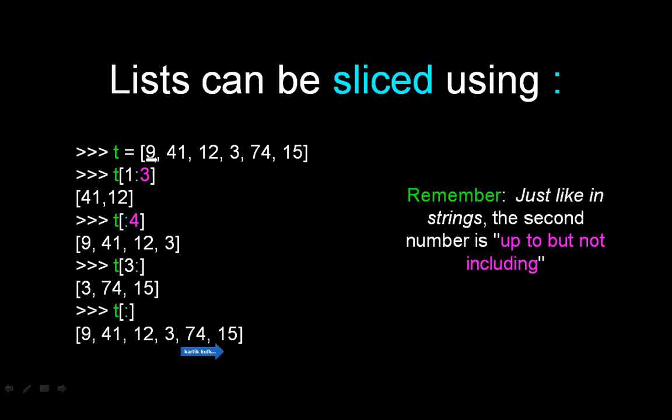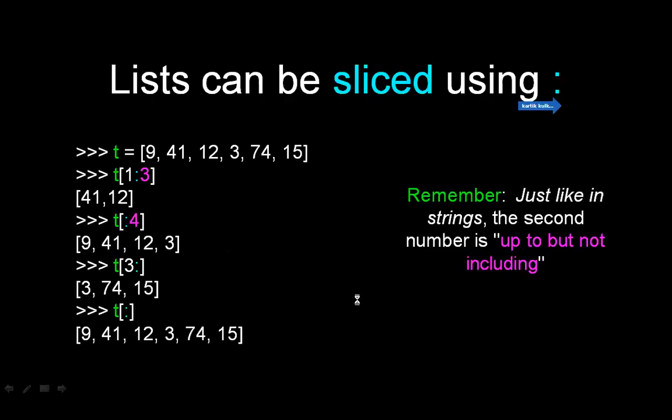You can notice 9, 41, 12, 3, 74, and then 15. All the elements are displayed. So that's why slicing in Python can be done on a list using the colon operator.